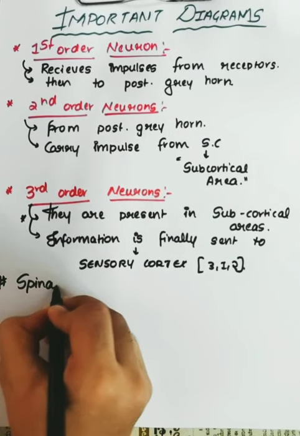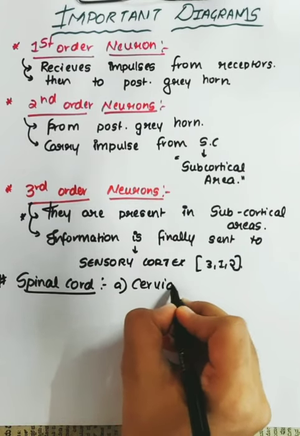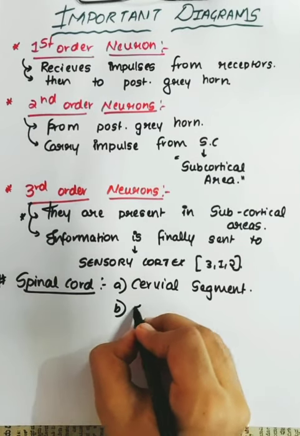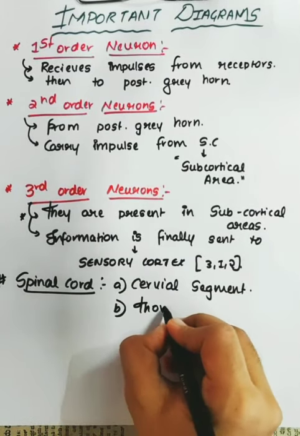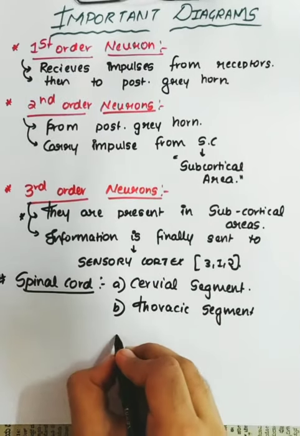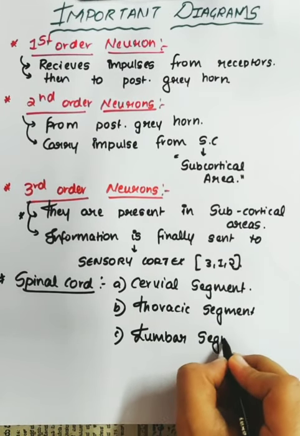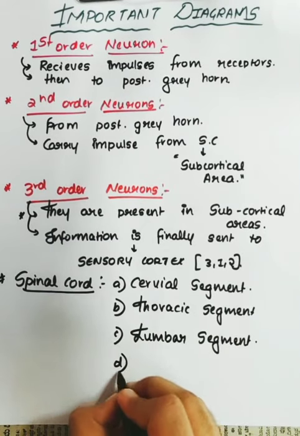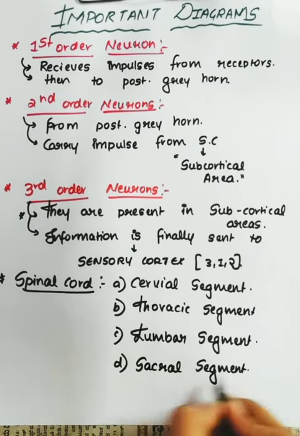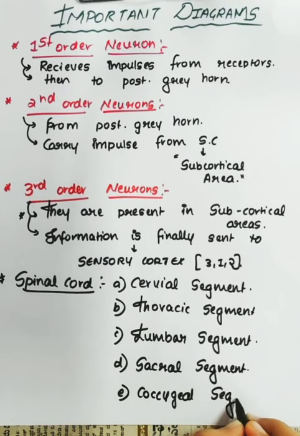In the spinal cord there are cervical segments, then the thoracic segments, then the lumbar segments, sacral segments, and finally the coccygeal segments.